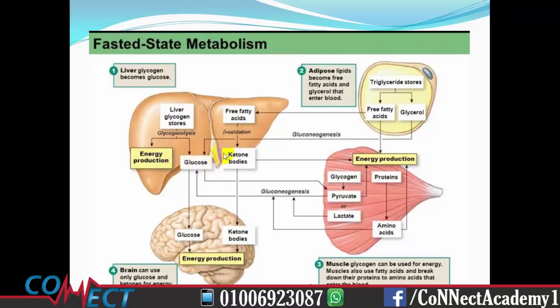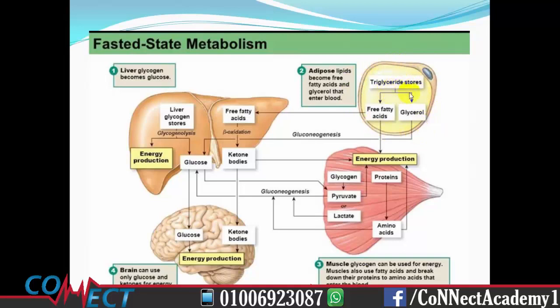Glucose given up from glycogen provides the most important organ, which is the brain, with a continuous supply of glucose until we run out of liver glycogen. Then we go to the second source of energy, which is the fat, the triglyceride stores.